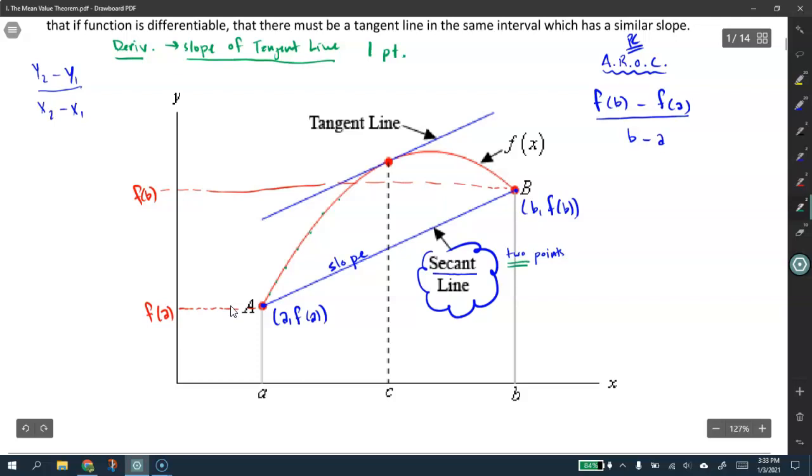You're trying to find some point on this curve, the red curve, such that when you make a tangent line there, it will have the same slope as the secant line. So let me repeat that: you're trying to find some point on this curve so that when you make a tangent line there, that tangent line will have the same slope as this secant line.